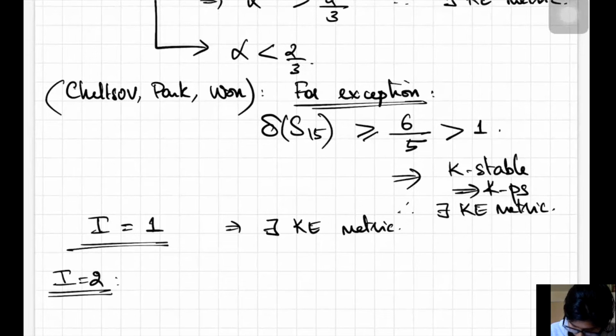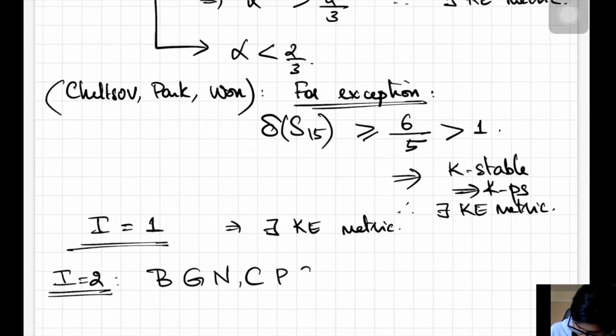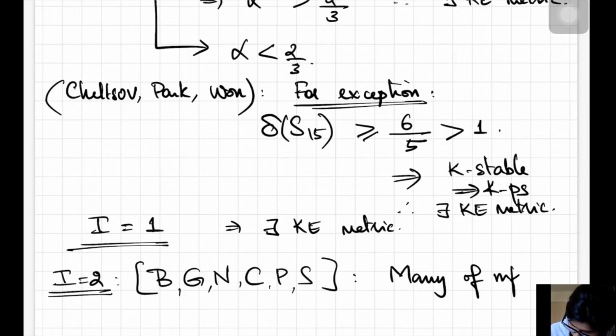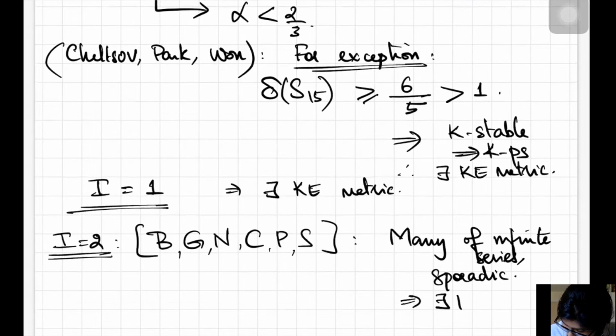Even before we started our work, we knew by the works of Boyer, Galicki, Nakamaye, Cheltsov, Park, and Shramov the results for many of the series, both the infinite series as well as the sporadic ones. We knew that there exists a Kähler-Einstein metric. In all of these cases, it was existence.